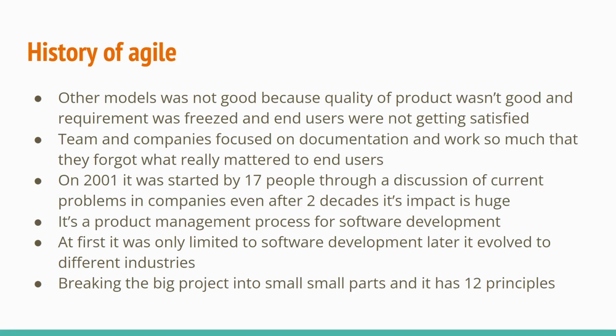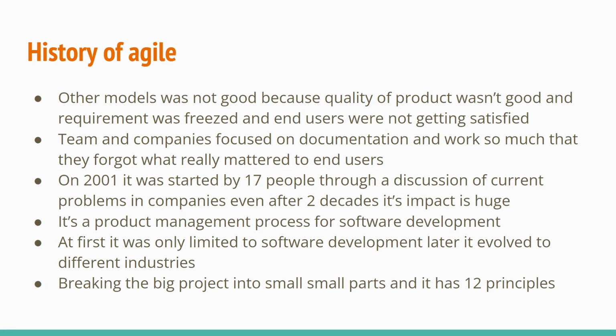Companies were creating too much documentation and focusing so much on their work and internal processes that they were not focusing on end users, and customers were not getting any value out of their work.